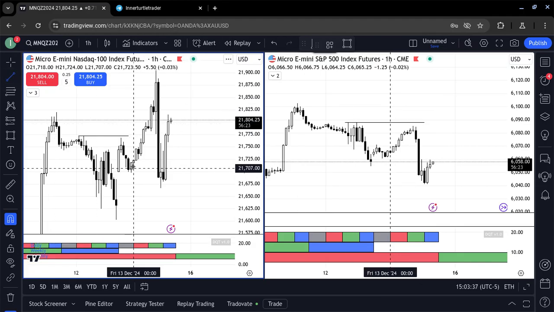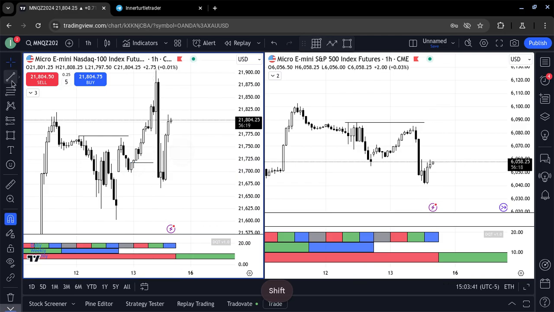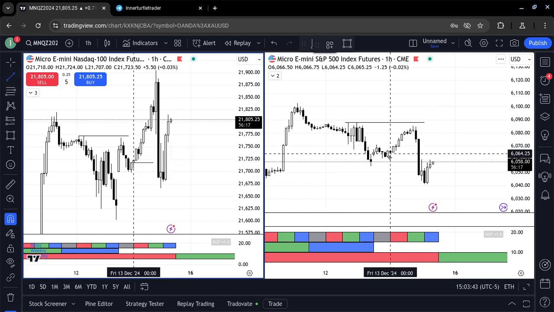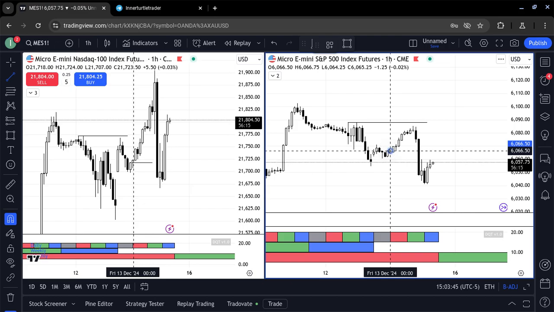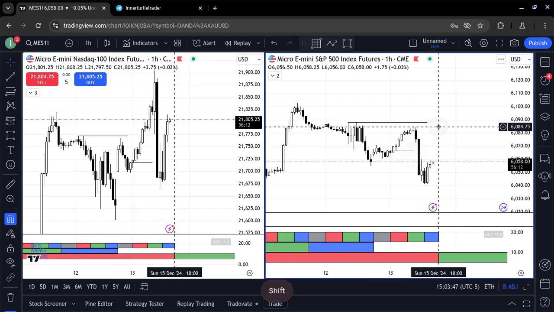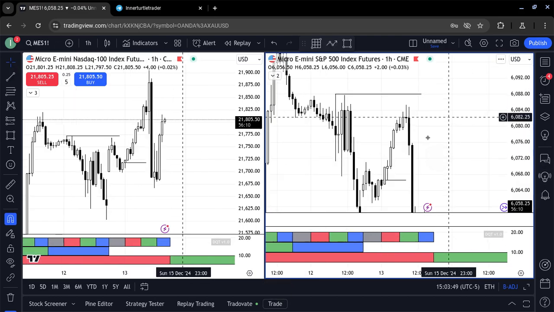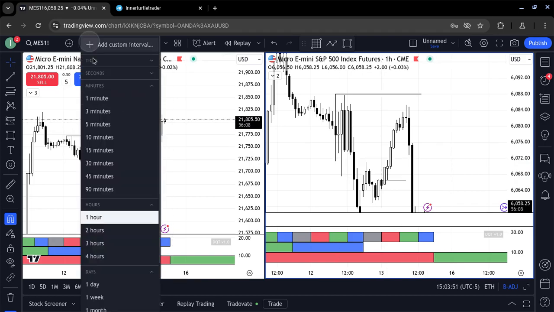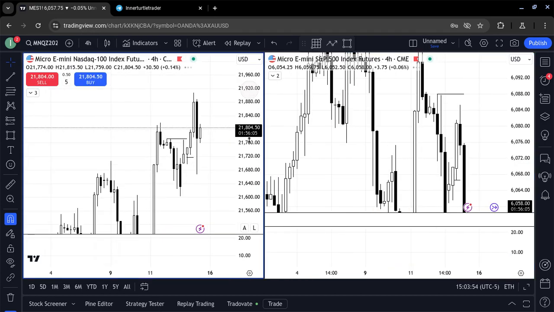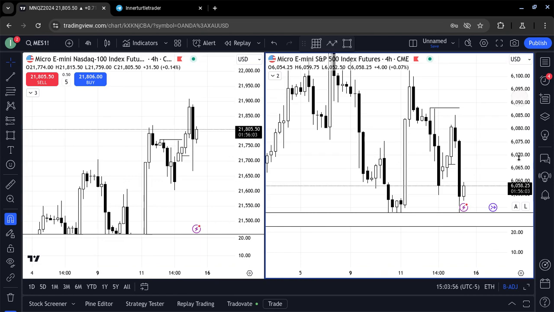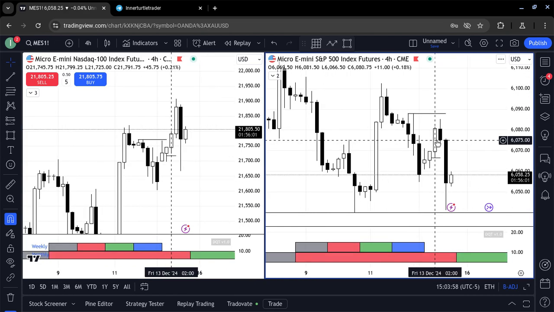This was the true open. Okay, and this here we had the true open right here. What do we have here?